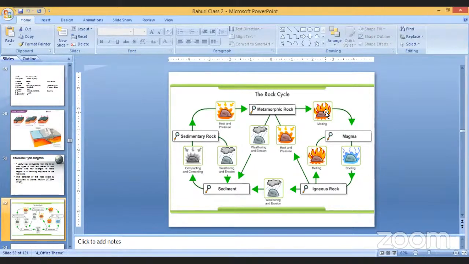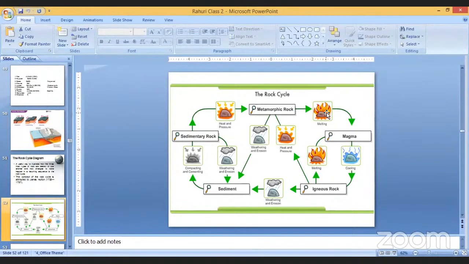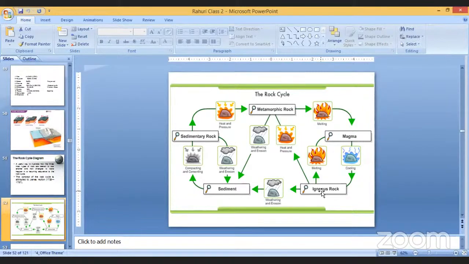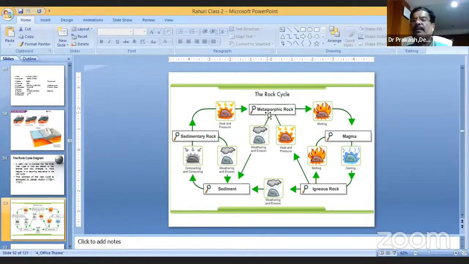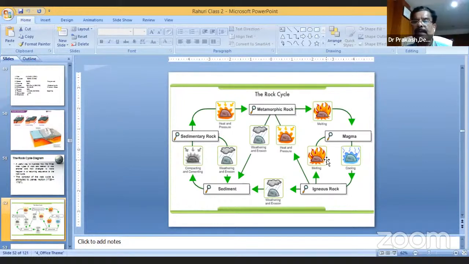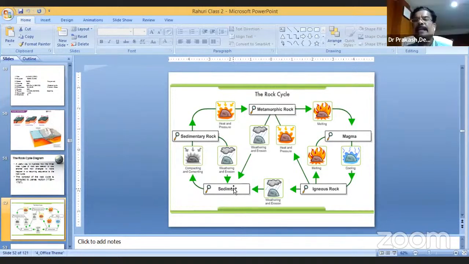So this is a simple cycle, but nature does not allow this to happen so easily. There are interferences in the middle. For example, if you take igneous rocks, they may change to metamorphic rock if there is magma intrusion, or a change in heat and temperature. Similarly, metamorphic rocks can become sedimentary rocks if the heat and pressure to change or melt them is not sufficient.